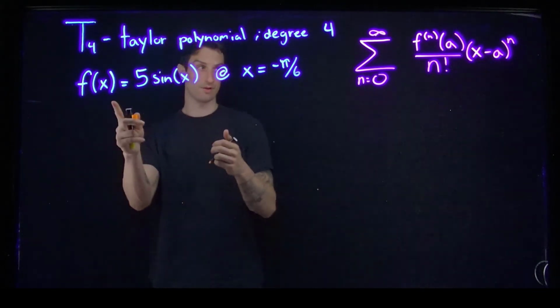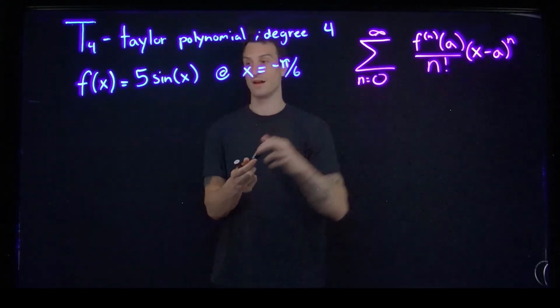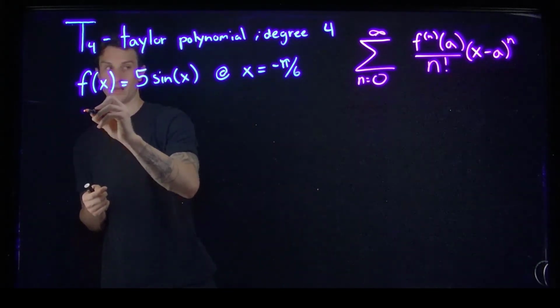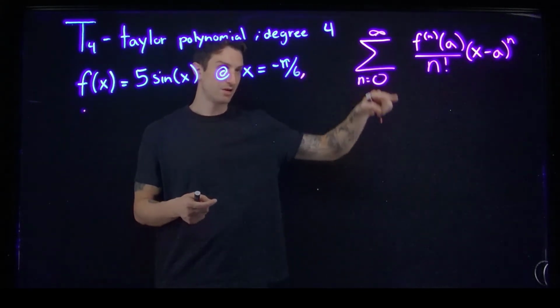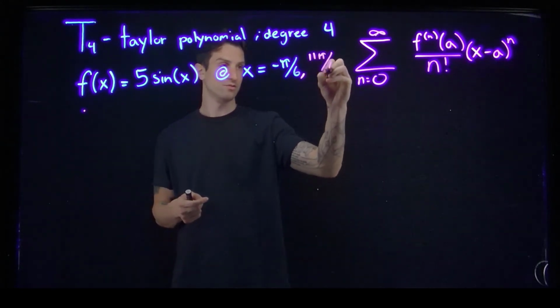The 0th derivative is just the function. So now all I need to do is evaluate it at negative pi over 6. I'm going to rewrite this. Negative pi over 6 is the same as 11 pi over 6, just so we know.